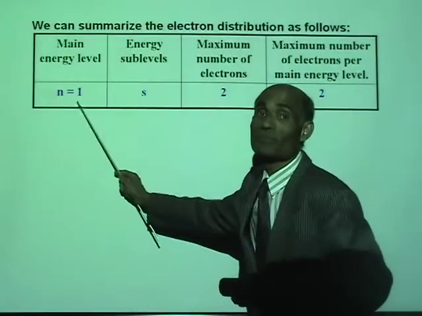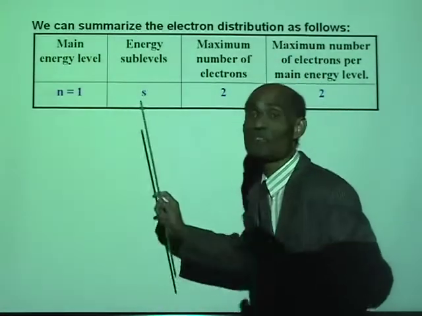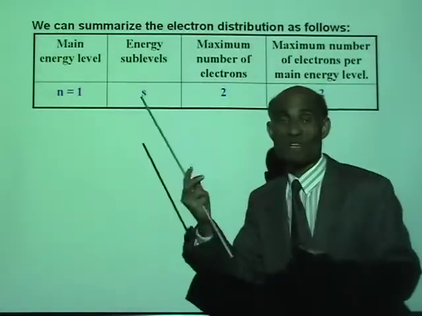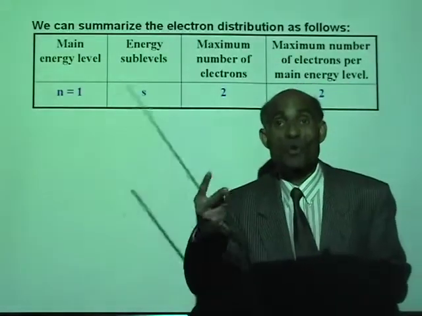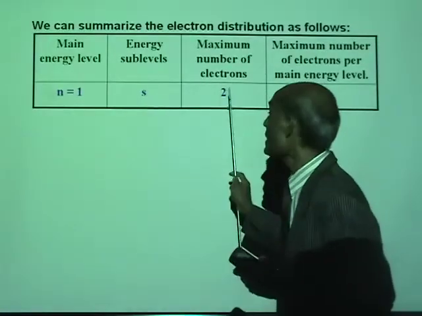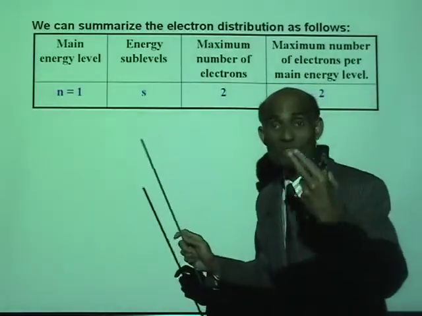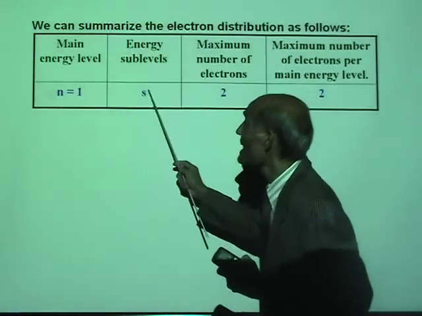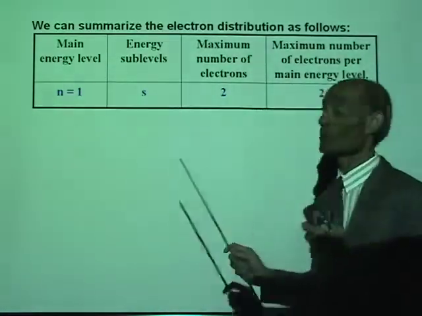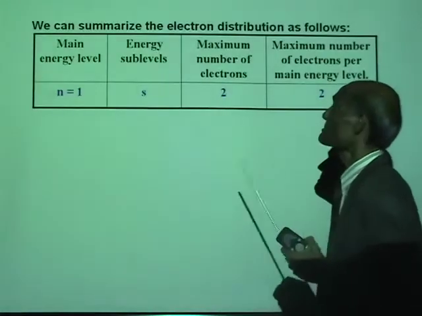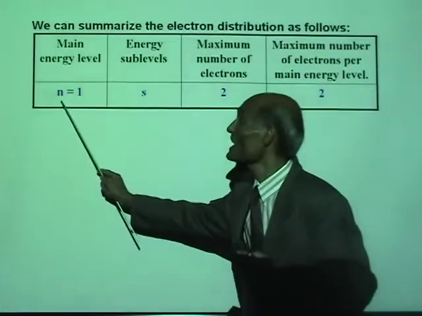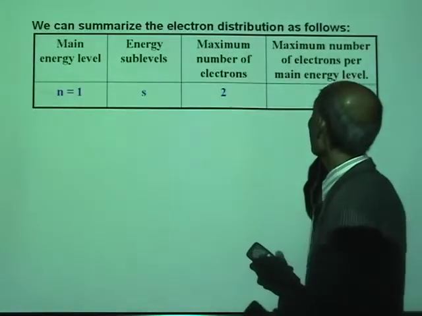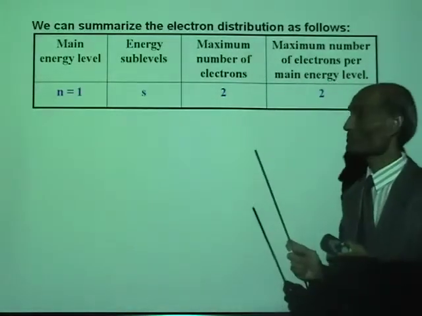N equal to 1 can only have the S subshell, and the S subshell has 1 orbital, and each orbital can have 2 electrons. So the maximum number of electrons in the S shell is 2 electrons. And therefore, the maximum number of electrons in the energy level corresponding to n equal to 1 is 2 electrons.